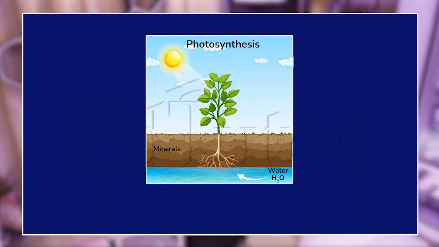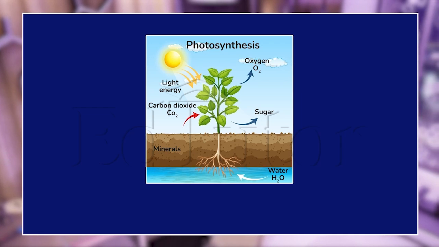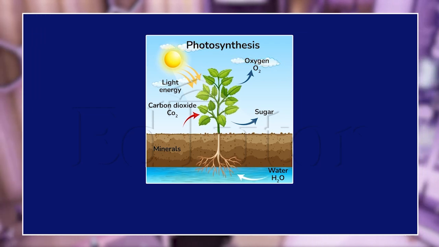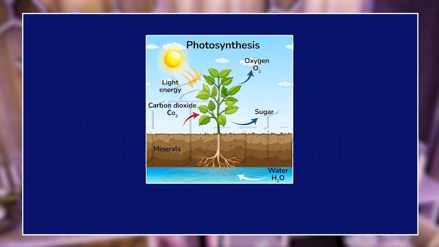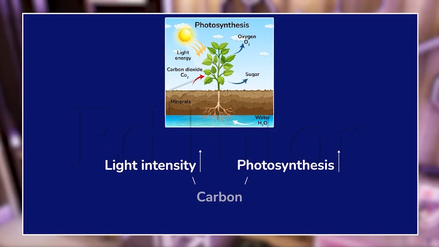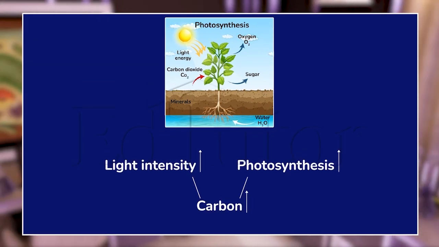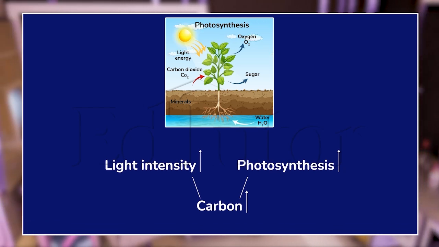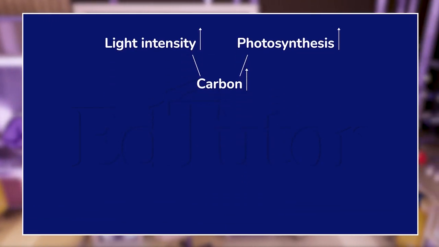On the other hand, photosynthesis occurs in photosynthetic organisms only during the daytime when the sun is up. During night, photosynthesis cannot happen because it's a light-dependent reaction. As the light intensity increases, so does the rate of photosynthesis. And so, the requirement for carbon dioxide increases as the cells are more active.